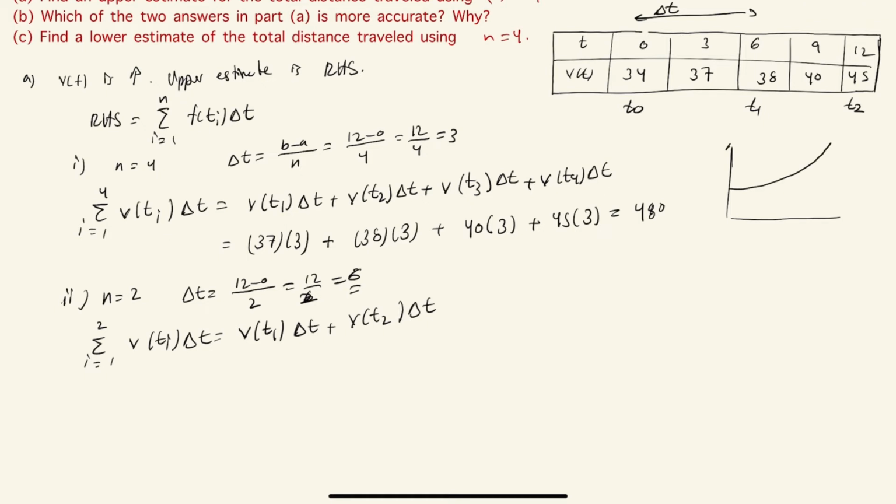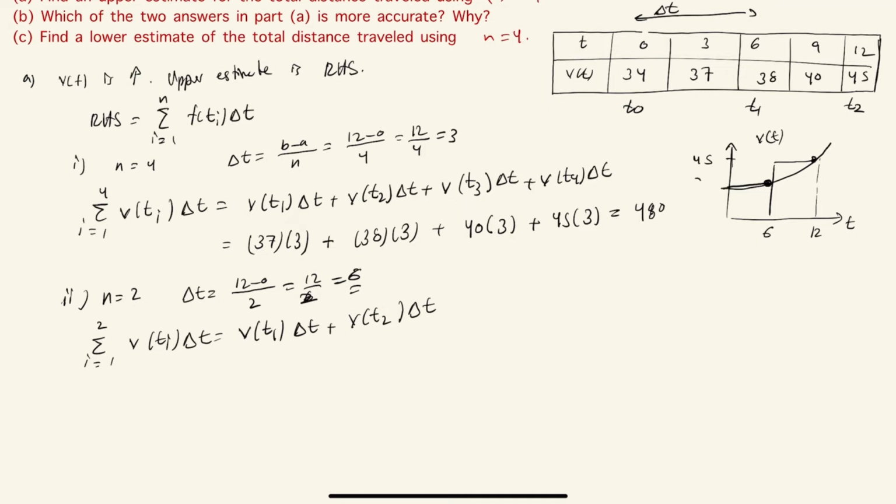Now this is the same thing as if we graph the function v(t). Remember, v(t) is increasing, and we are using the right-hand sum. So n equal to 2 means we have two rectangles. From the right-hand sum, we want to find the area of the first rectangle and then the area of the second rectangle.